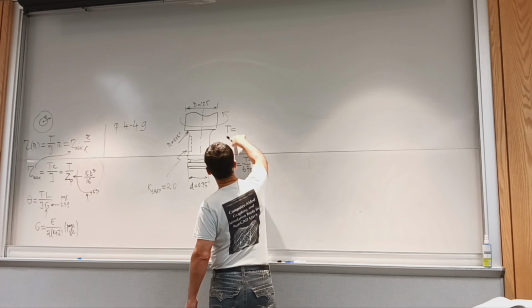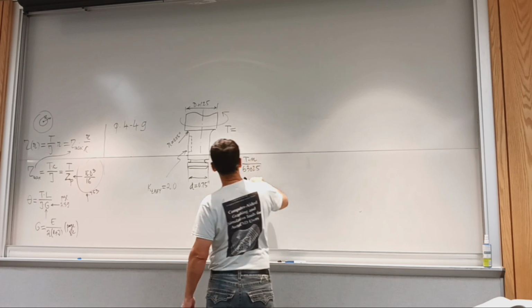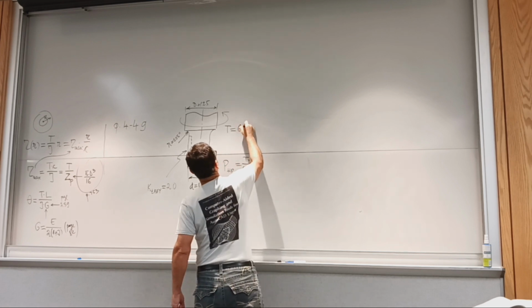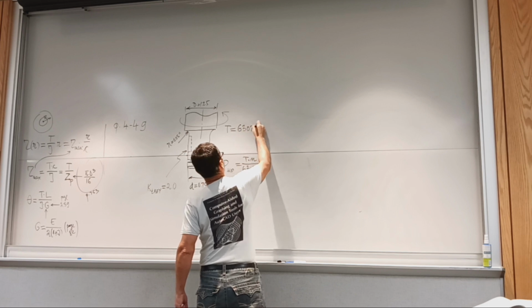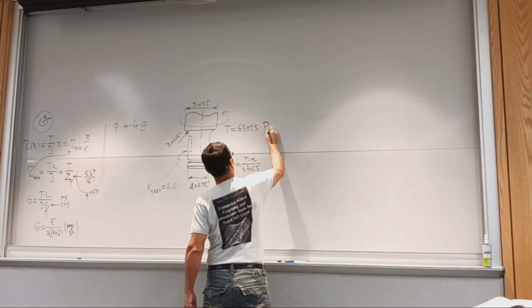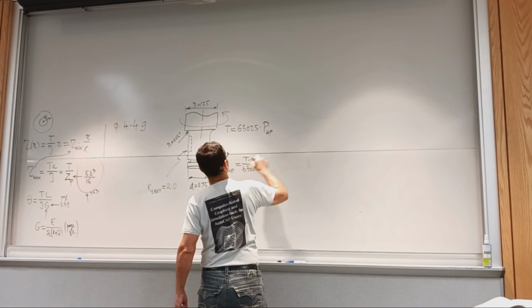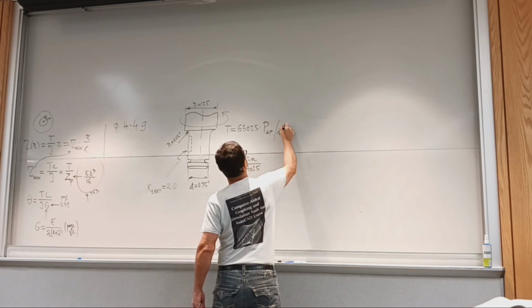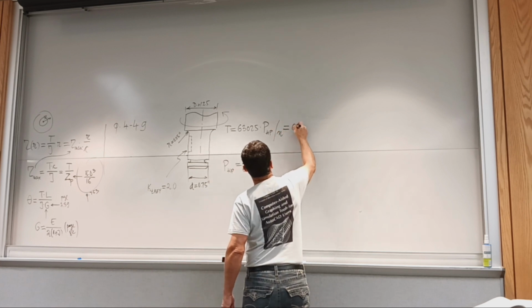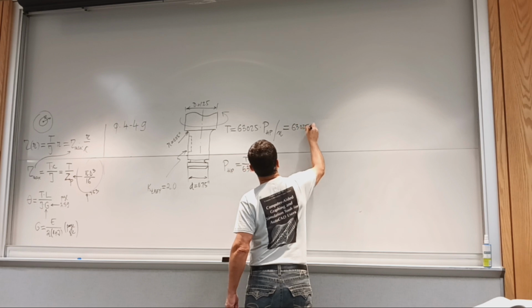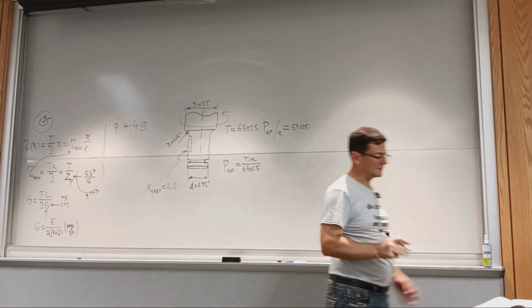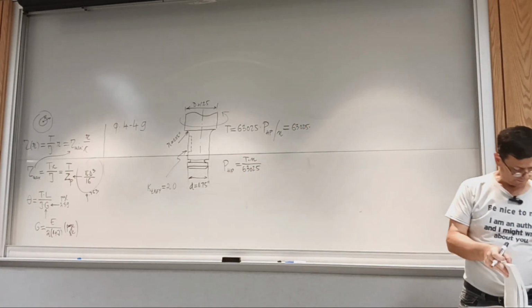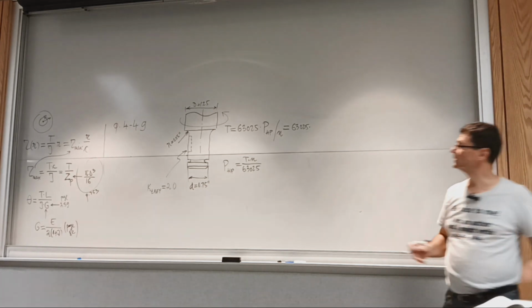So from here we can solve for torque. Torque is going to be 63,025 times power in horsepower divided by RPM. All right, so 63,025 times the power was 7.5. Yes, 7.5.